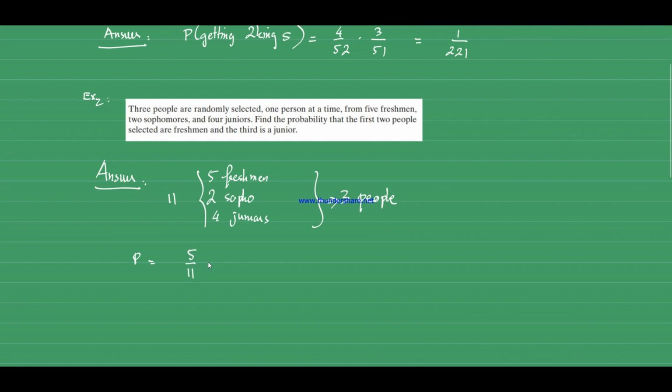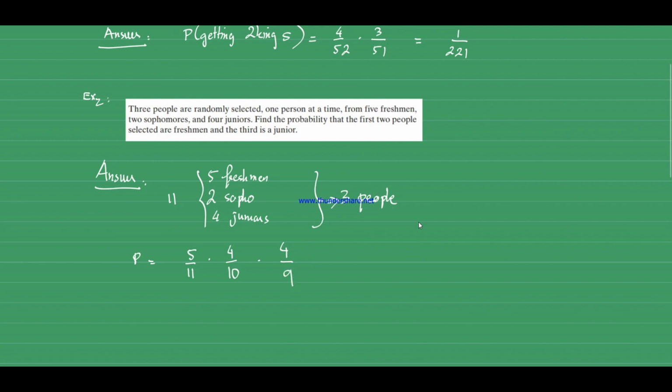The second one will be 4 over 10, because there are only 10 students left after you pick the first freshman. And the third one is a junior, and there are 4 juniors, so 4 over 9.